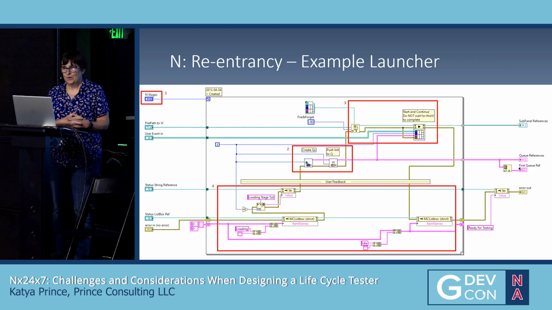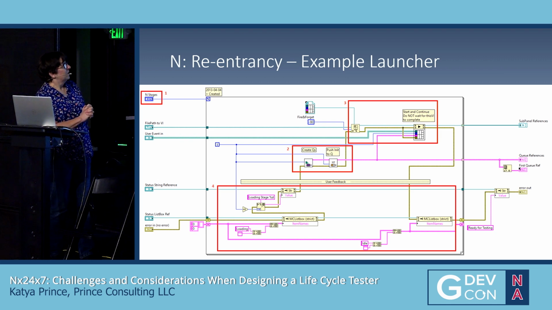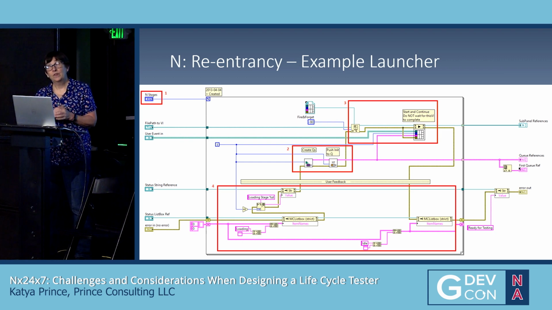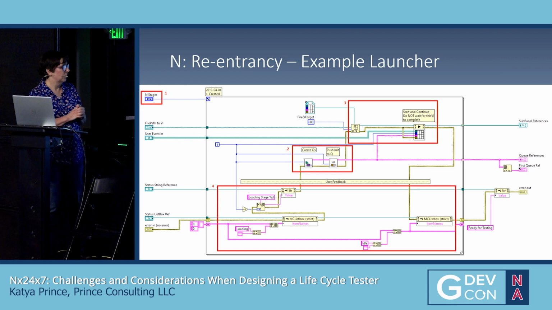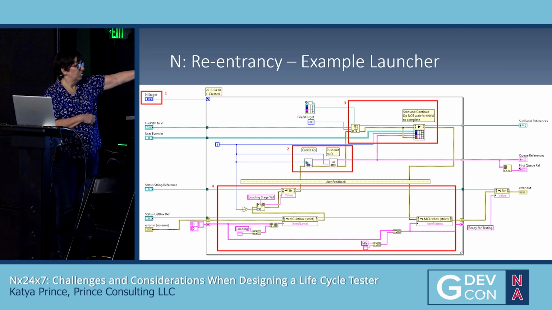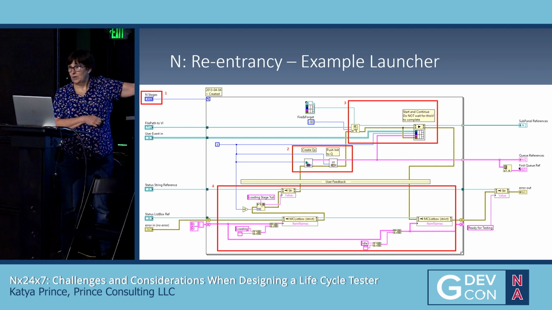So here's an example launcher. I built this for a queued message system, a queued state machine type of application. Coming in, we have the number of stages we want to run, and in the middle there and under 2, you create the queues that you need.